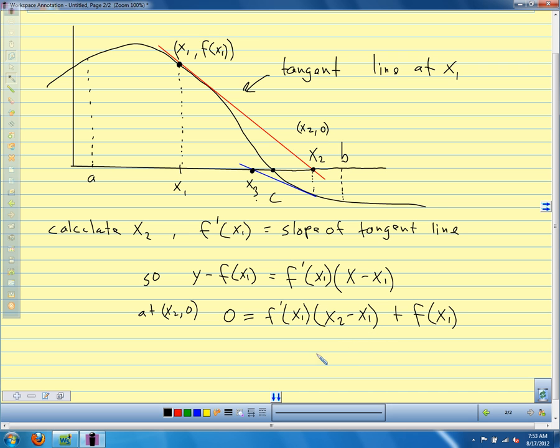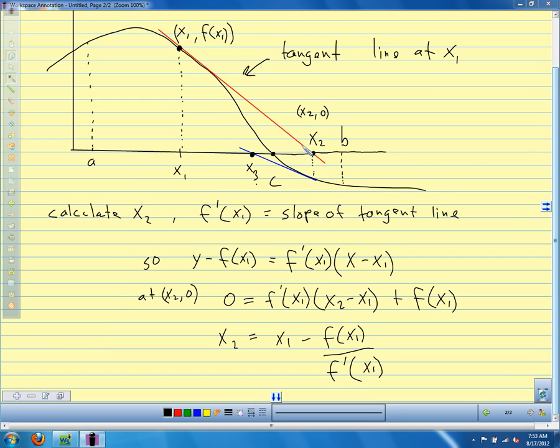We solve for x2. So x2 equals x1 minus f of x1 over f prime of x1. And this is our new estimate for the 0 of our function.